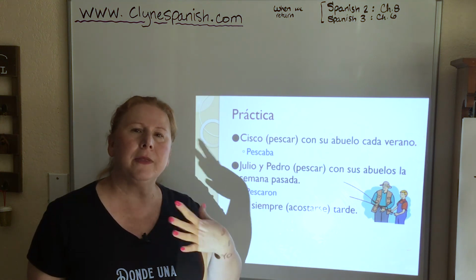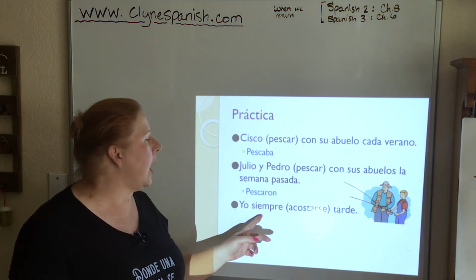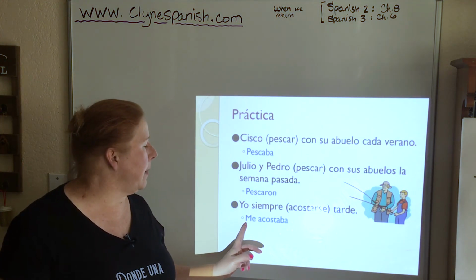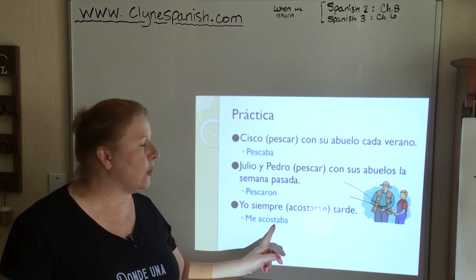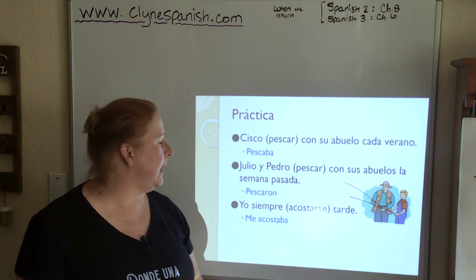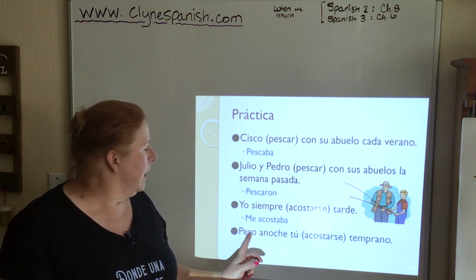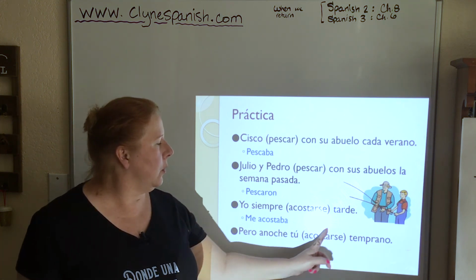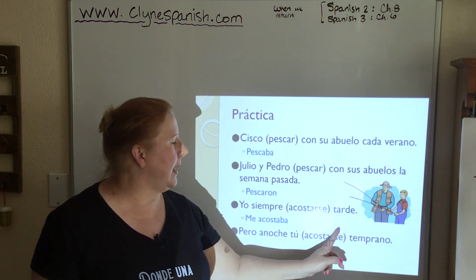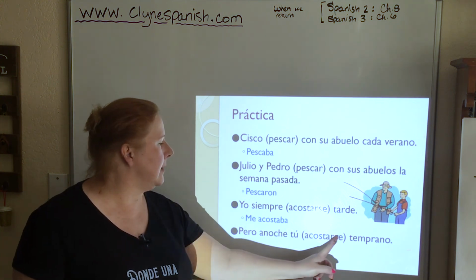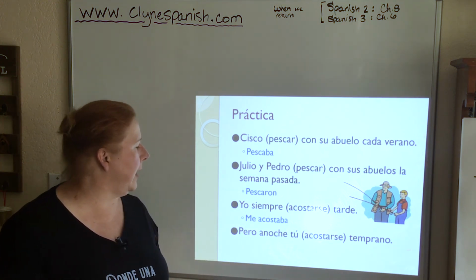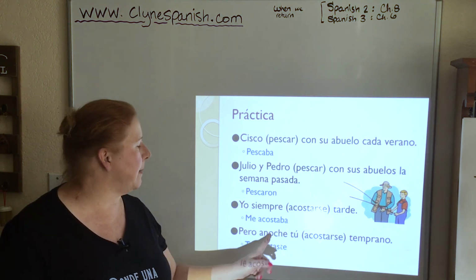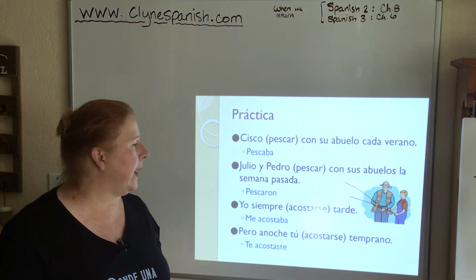It's coming back on the original person. So I always go to bed late. So yo siempre me acostaba tarde. Pero anoche, but last night, you went to bed early. Reflexive again. Take off the se, you put it in front. Te acostaste. This is preterite because it's about last night versus always.